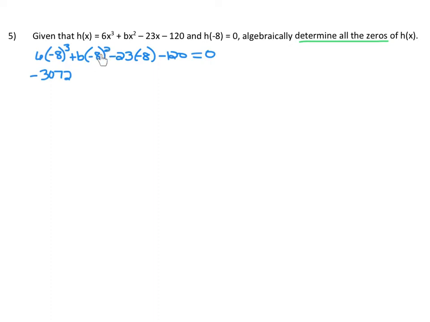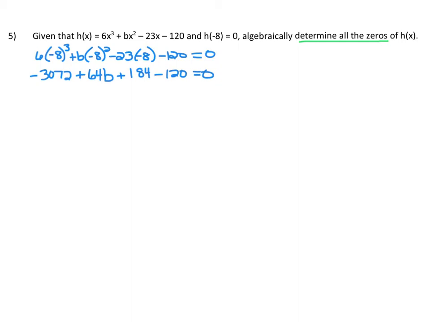So negative 8 squared is 64, so I'm going to write this as plus 64b. And then negative 23 times negative 8 would be positive 184. So plus 184. And then I'm just going to bring down the minus 120 and the equals 0.